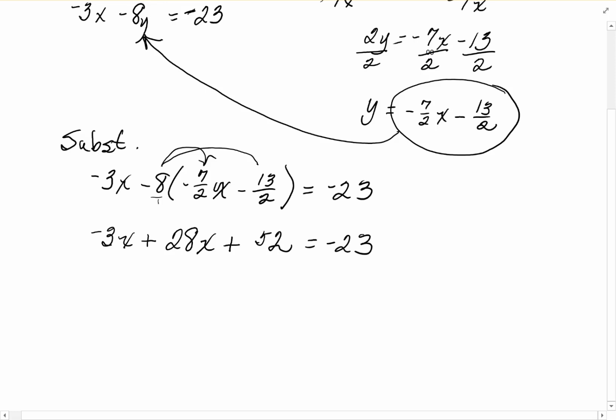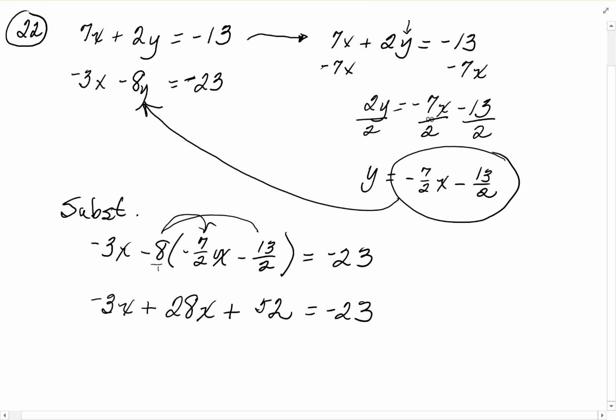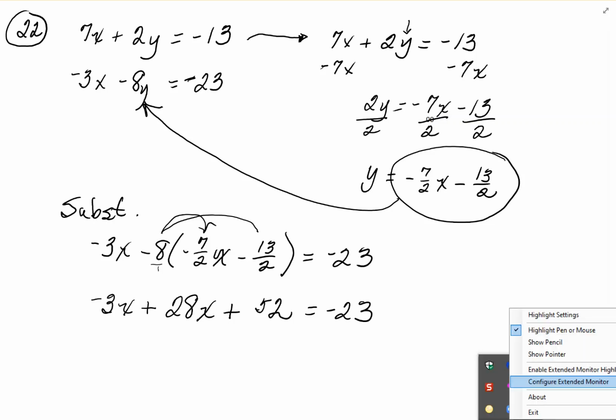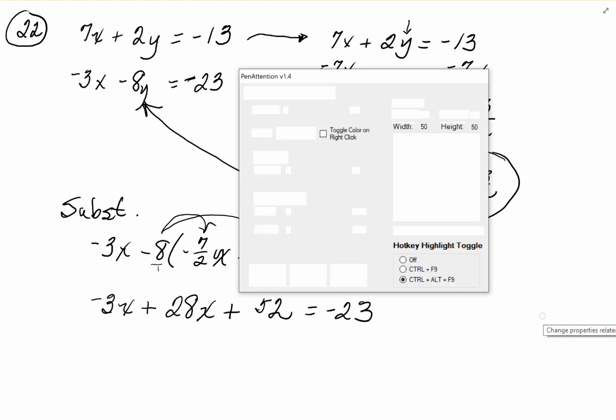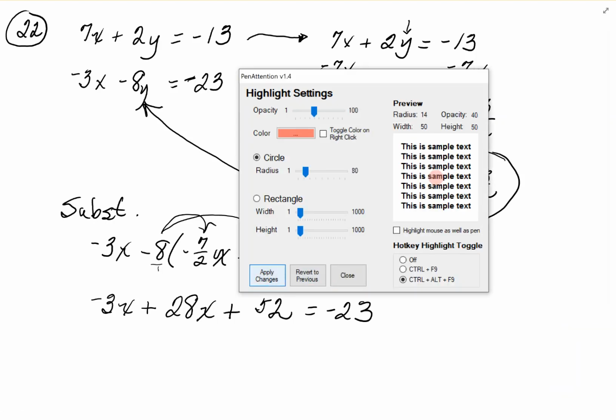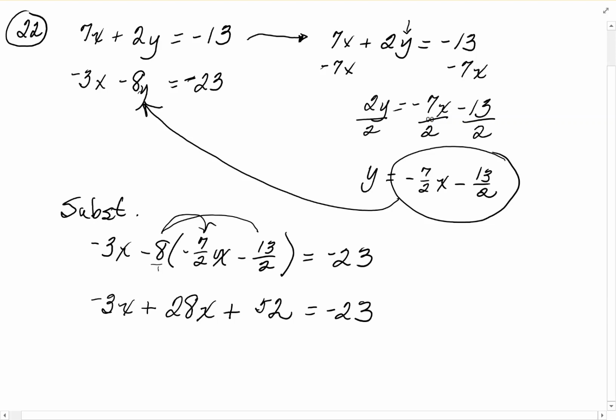So I had to solve one of the equations for either x or y. I could solve for this x, this y, this x, or this y.